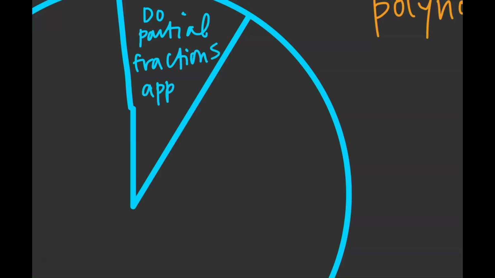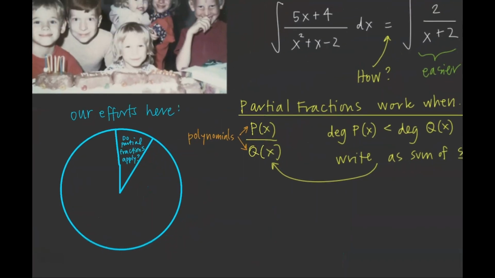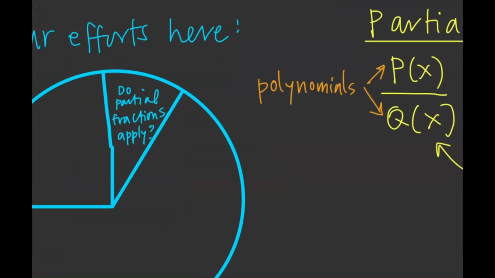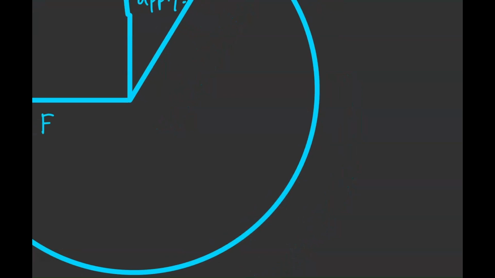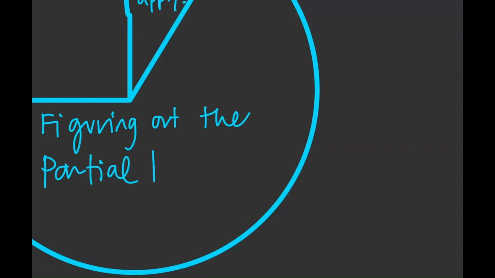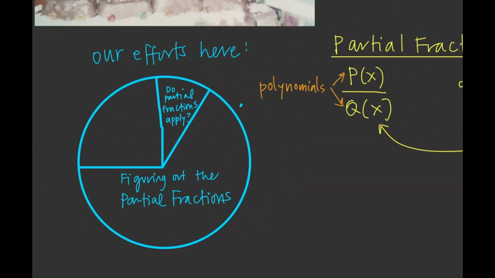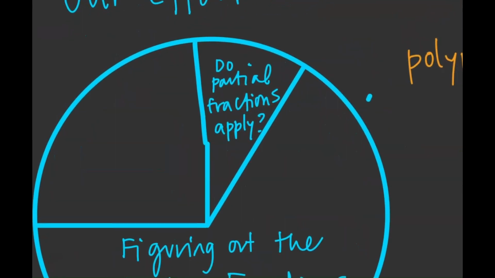After we've answered this question, then we actually spend quite a bit of time finding the partial fraction decomposition, maybe this amount of time. So actually figuring out the partial fractions. This is just algebra. Once we figure out the partial fractions, the actual calculus, the integration, is fairly simple. So we spend a little bit of time then integrating.